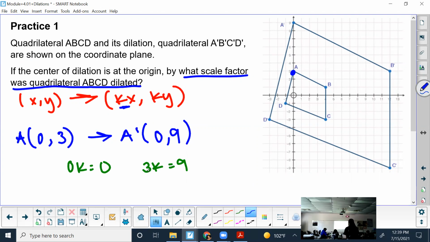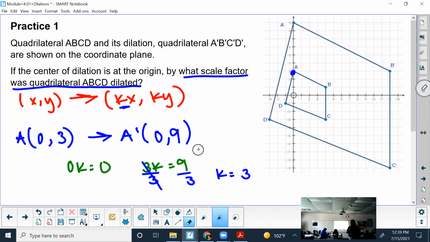Use your inverse operations. What's opposite of multiplying by 3? We divide by 3 on each side, and k is equal to what? k is equal to 3. Can I be done? Did we find the scale factor?